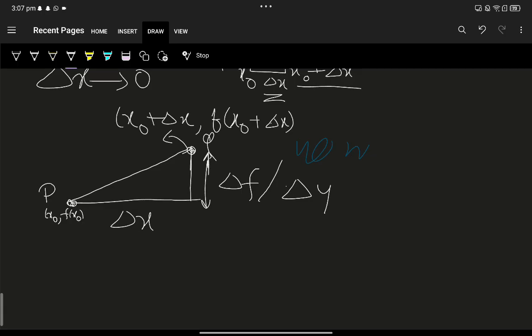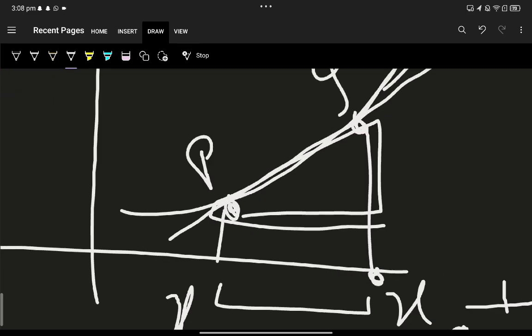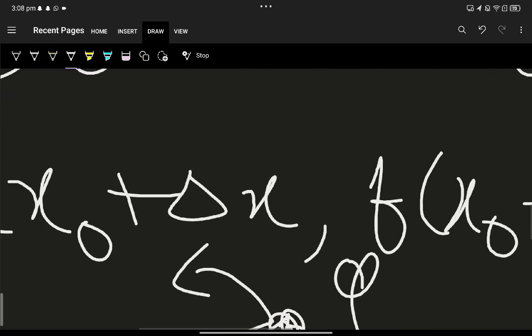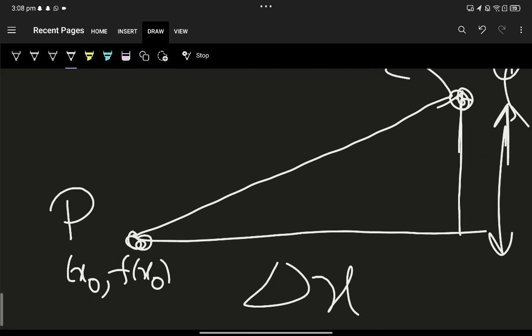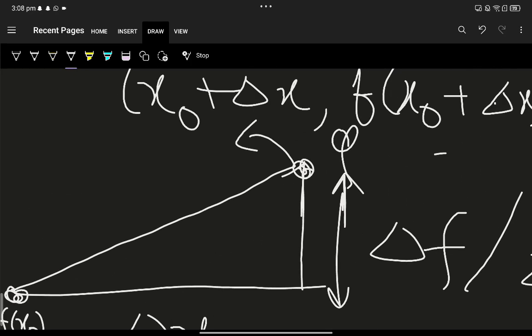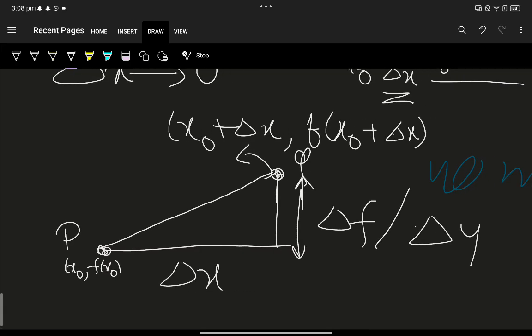This point in the graph I have zoomed in here. This is x naught comma f of x naught, and here it is x naught plus the distance delta x that is added to it: x naught plus delta x comma f of x naught plus delta x.